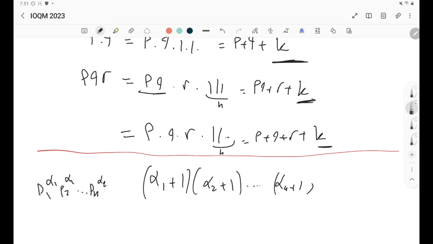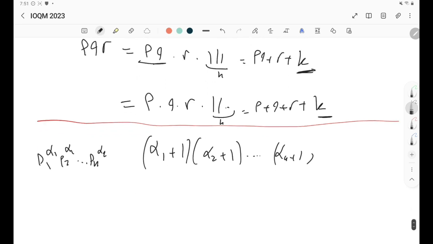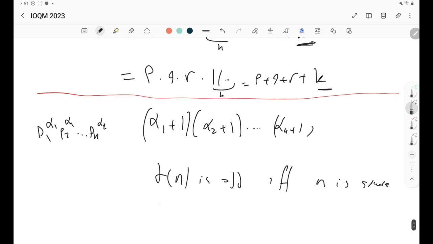If one of the alphas is odd, then this thing is even. But if all of them are even, then it's a perfect square, and this thing is odd. So d(n) is odd if n is a perfect square. Otherwise, d(n) is even.